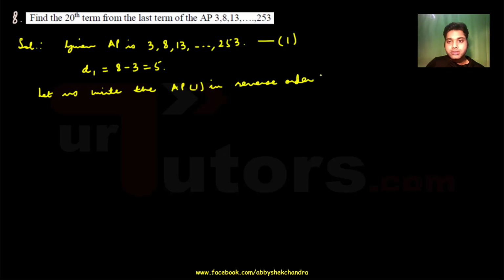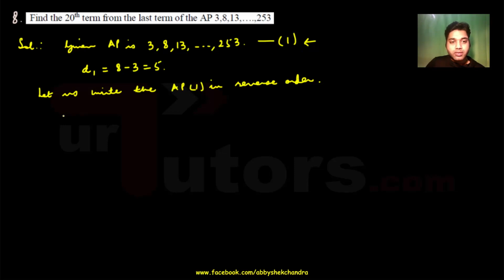Why am I doing this? See, I need the 20th term from the last term. So if I invert the given AP, I'll then find the 20th term from the start, right? So the 20th term from the last term of AP1 will be the 20th term from the start of AP2, the new AP, which we get by inverting AP1.